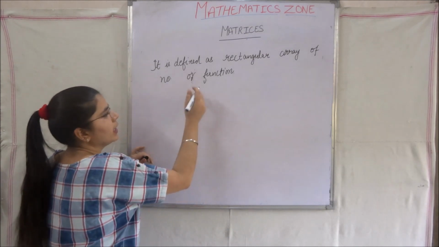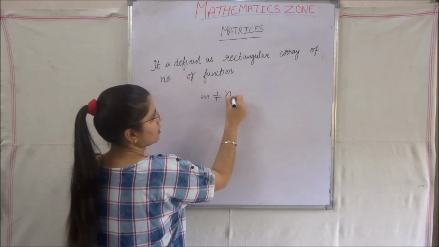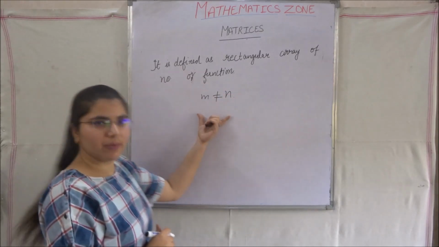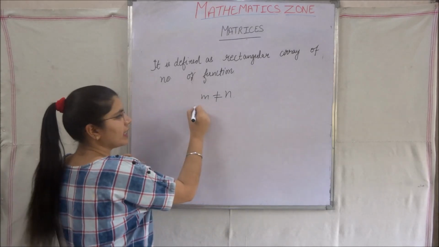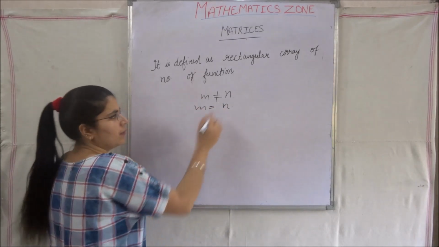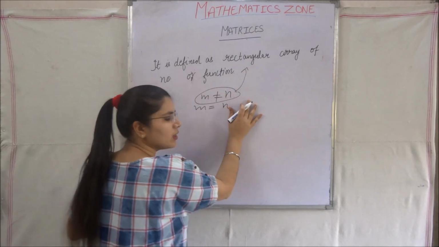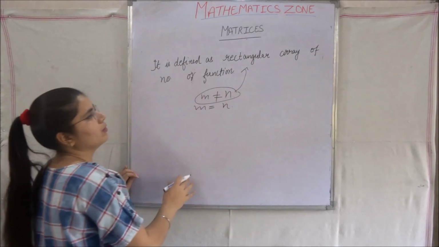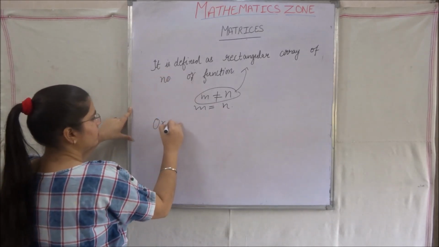Rectangular means here number of rows is not equal to number of columns. But in the case of square matrices, which are used in determinants, the number of rows is always equal to the number of columns. But in the case of a rectangular array, the number of rows is not equal to the number of columns.